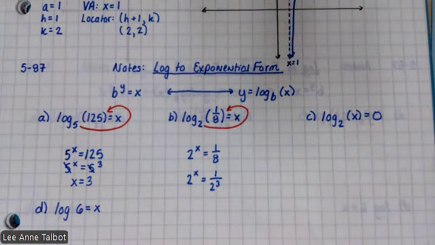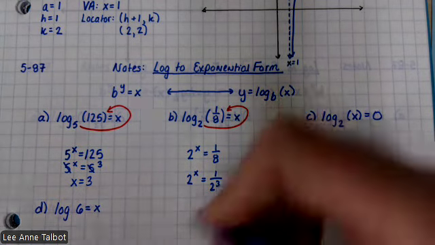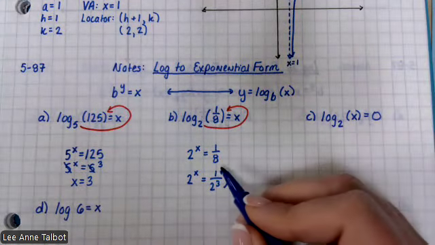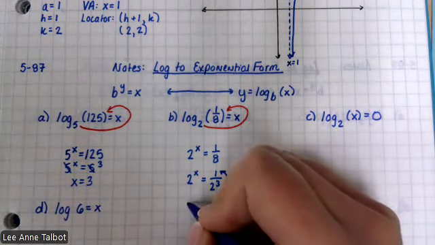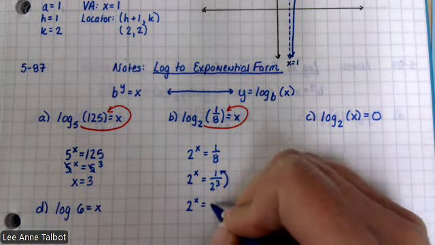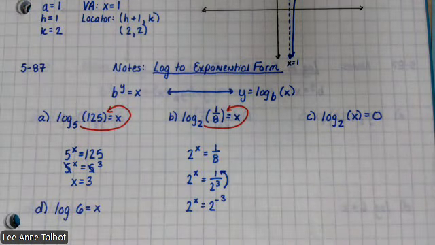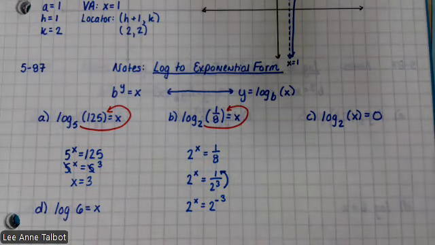So the first thing I'm going to do is just take that 8 and make it 2 to the third. And then I'm going to draw myself a little arrow because I'm going to bring this up to the numerator. 2 to the x equals 2 to the negative 3. If you need to do that, please do. If you don't, you can show it in one step. I don't care.